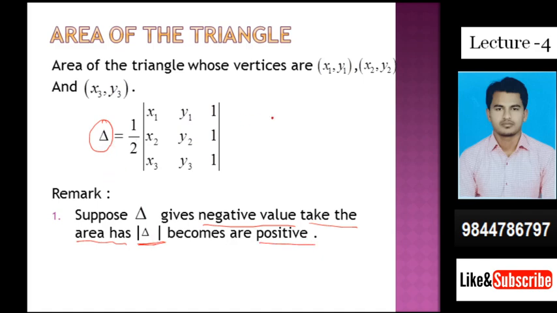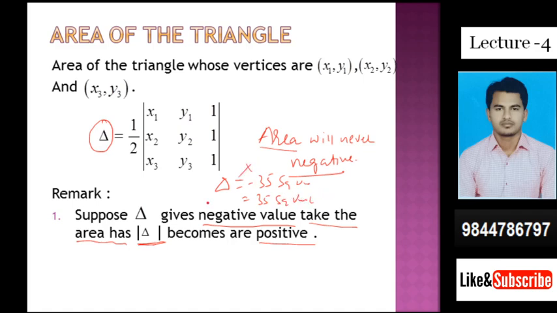It means what? Area will never be negative, area is always positive. Remember one thing dear students, area is always positive. If we get area minus 35 square units, make it a positive 35 square units, because area is never negative.